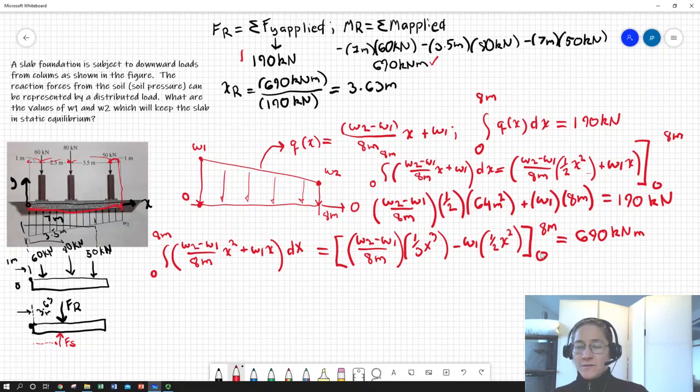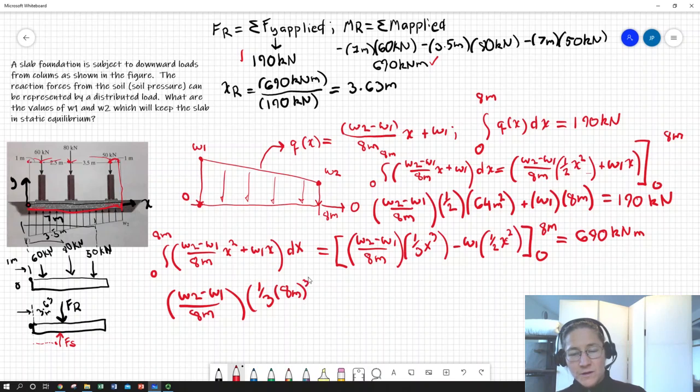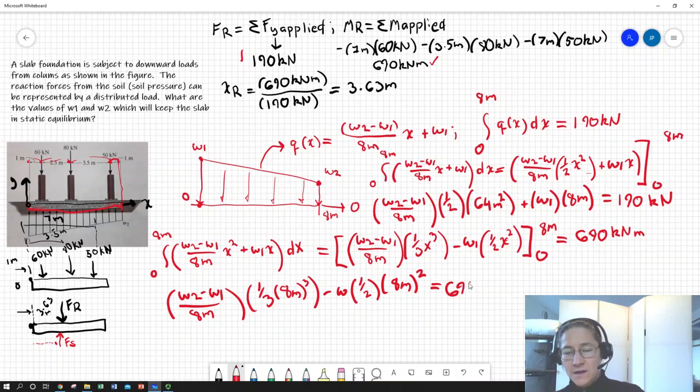So once again, our lower limit of integration at 0 is going to give us 0 for both terms. So really we just have one number to deal with. So we could write an expression that says W2 minus W1 over 8 meters times 1/3 times 8 meters cubed, minus W1 times 1/2 times 8 meters squared, equals 690 kilonewton meters.